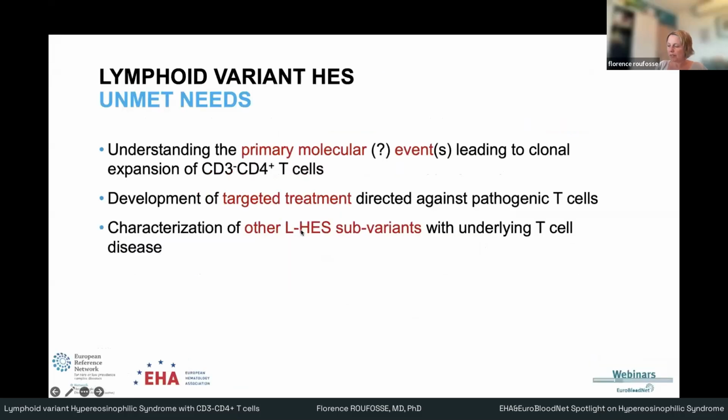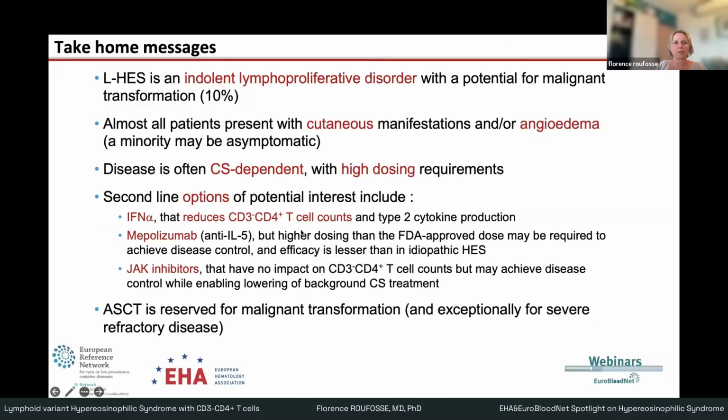JAK inhibitors may be a promising alternative in the future, but it certainly is only suspensive. It's not going to cure patients of their primary T cell disorder. And there have been cases reported of allogeneic stem cell transplantation.